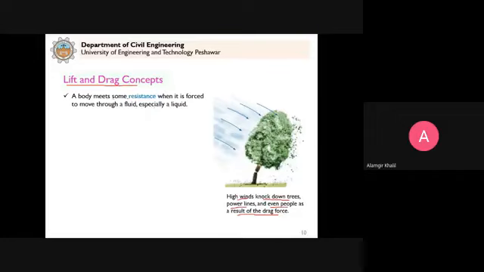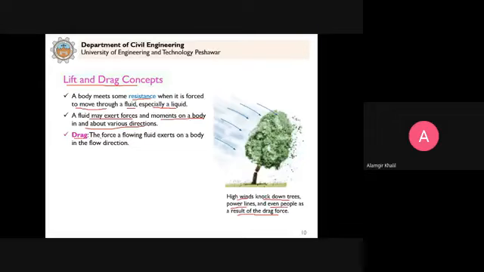A body meets some resistance when it is forced to move through a fluid, especially a liquid. A fluid may exert forces and moments on a body in and about various directions, as you can see in this figure.